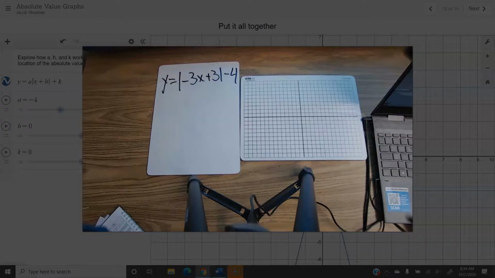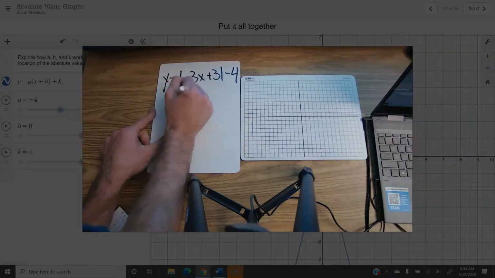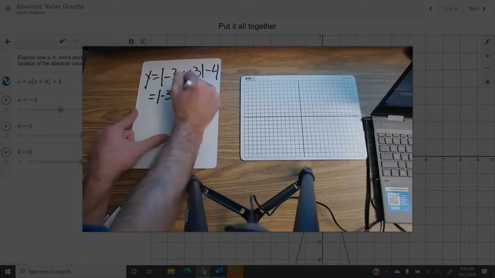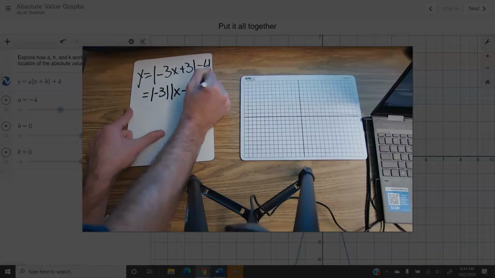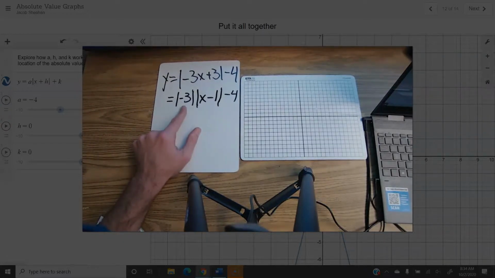All right, we can actually use these bars like parentheses. And if you remember from Algebra 1, we can actually factor out a common factor from here. What I'm going to factor out is a negative 3. The only thing that's different here is now I have to make sure when I factor out that negative 3, I keep it in absolute value bars, because technically I'm factoring out the absolute value of negative 3.